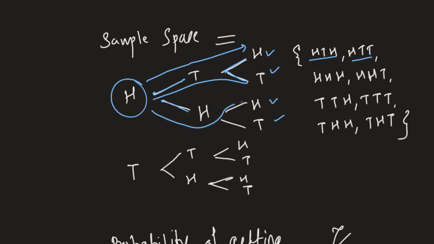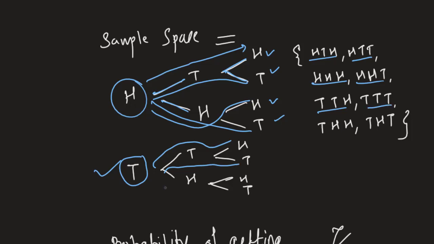In the same way, the first coin can be flipped and get T, so there are again these possibilities: THH, THT, TTH, TTT. So the total sample space in this case is 8.